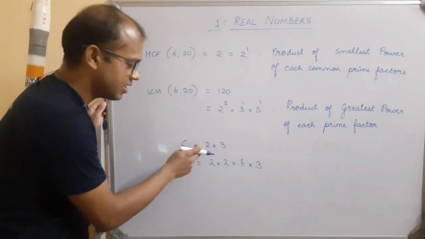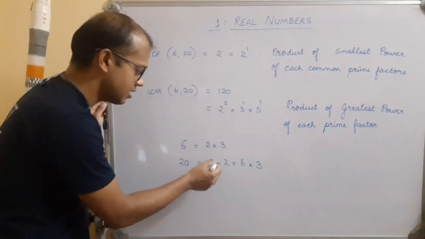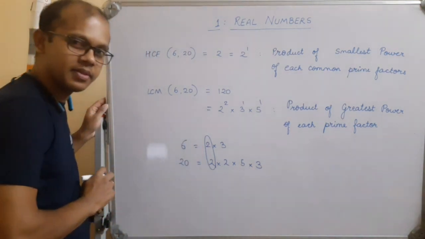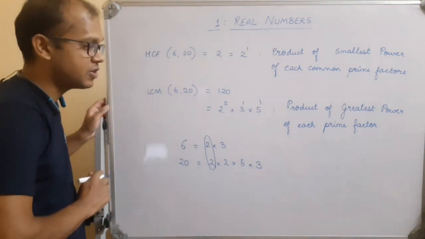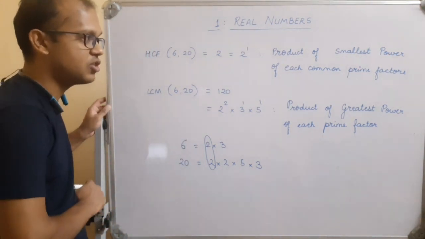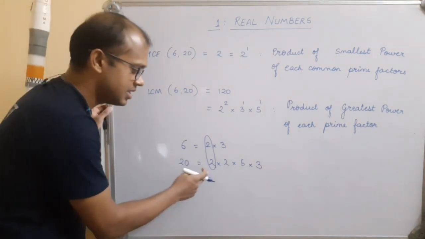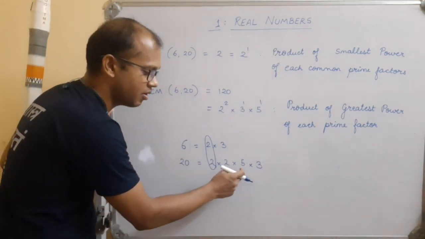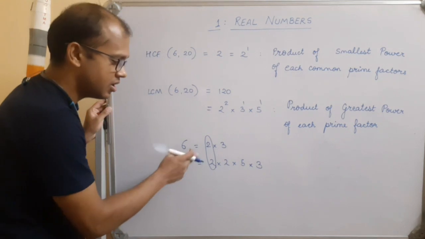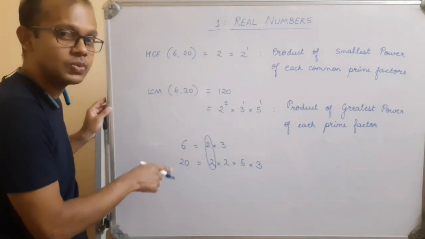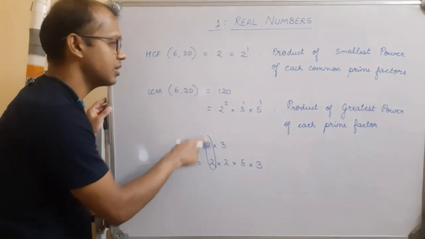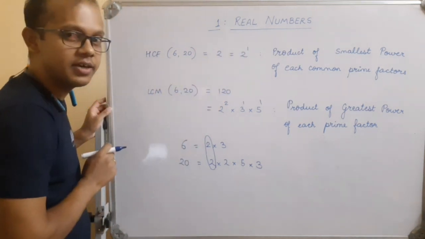The common prime factor is only 2 in both cases. You can see over here. And what is the product of the smallest power of each common prime factor? This means that we have to take all the prime factors which are common. Here the only common prime factor is 2, and that is why we have taken 2 raised to 1. We only take it once.